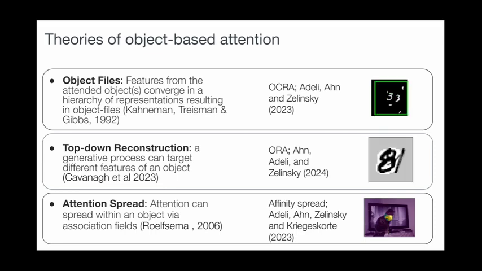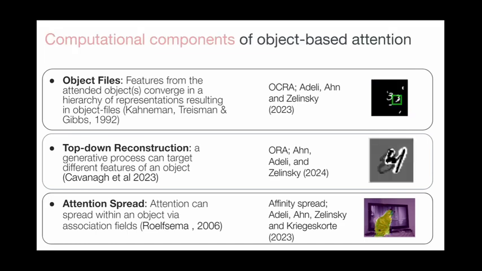So to summarize, initially I started calling these theories of attention, object-based attention, but I think a more appropriate term is to call them computational components, right? I think in different conditions, you could use different mechanisms. For example, in the first condition, we used reconstruction in order to do that task.